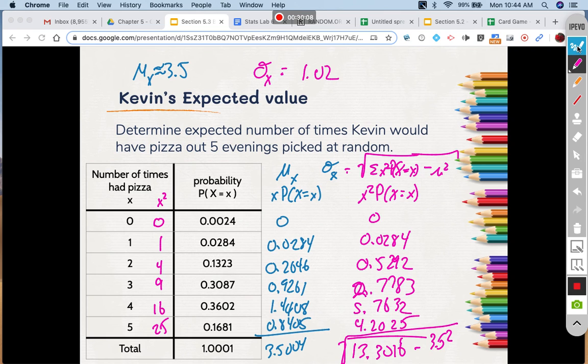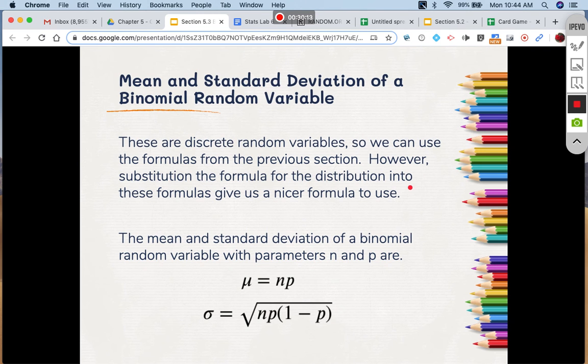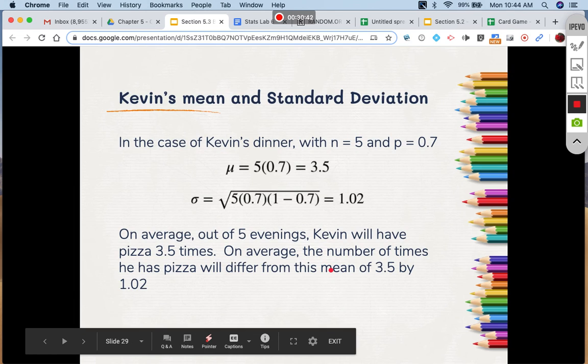Now let's find the easy way to do this. The mean and standard deviation of a binomial random variable with parameters n and p. I'm just going to give you these formulas. Mu is n times p, and sigma is the square root of n times p times 1 minus p. So number of trials times probability of success times probability of failure.